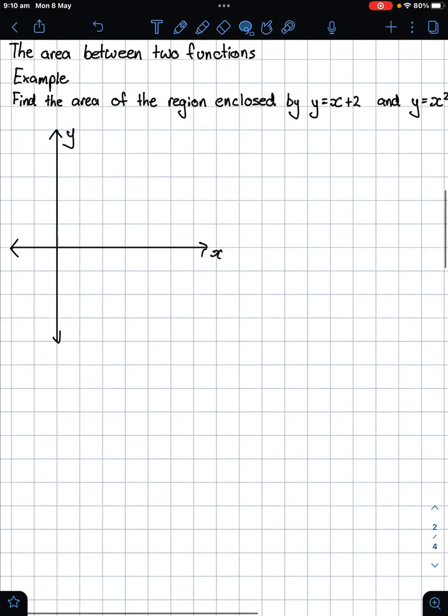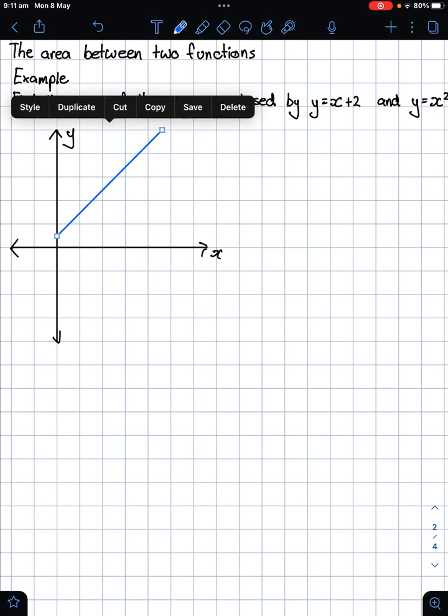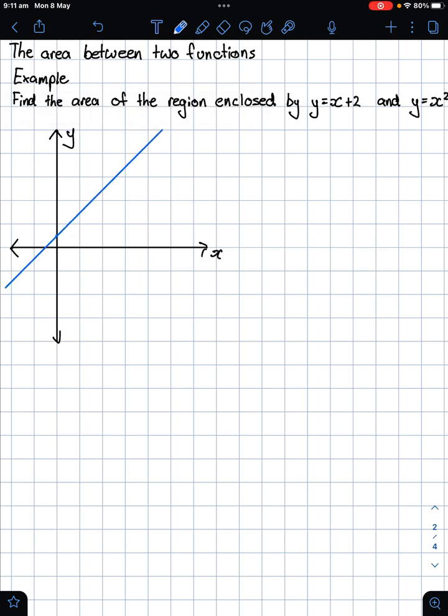So x plus 2 is going to be a straight function like this that goes through 2. But I'm going to have to draw mine not to scale. I'm going to move it down a touch just because I'm going to run out of room. So this one here is going to be y equals x plus 2.